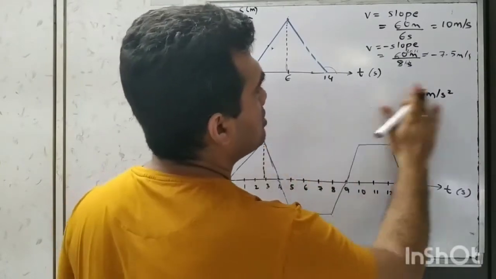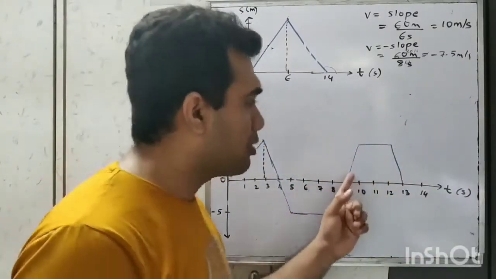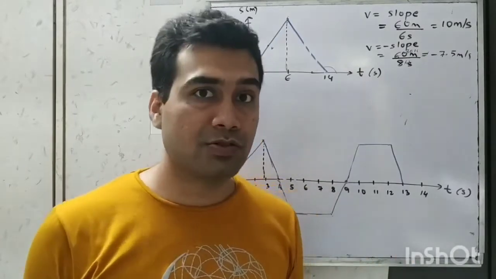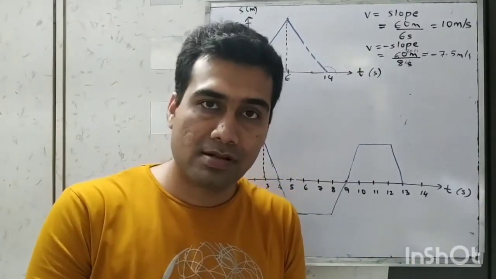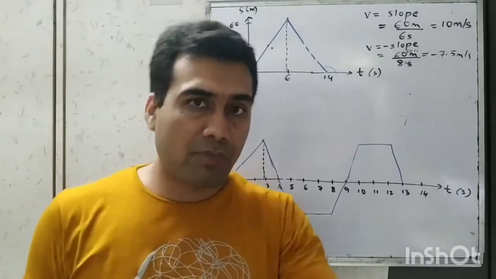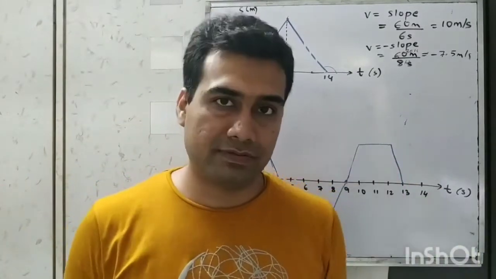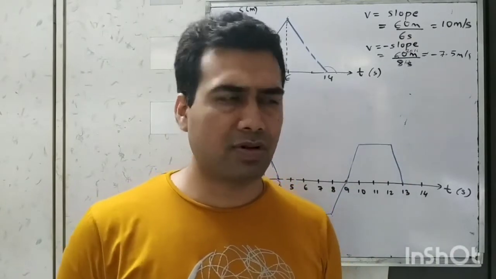So now we have learned that by finding the slope of a VT graph, we can find the acceleration. But a VT graph can also give us the displacement. And to calculate displacement from a VT graph, we just have to find the area under the graph. What does that mean?